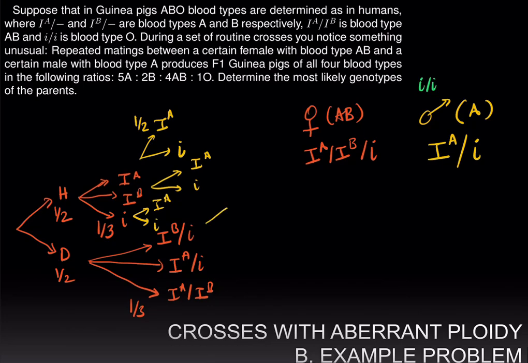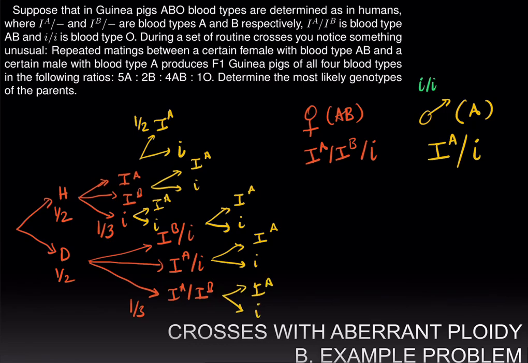The IB could also fertilize either IA or little i, IA or little i, IA or little i.